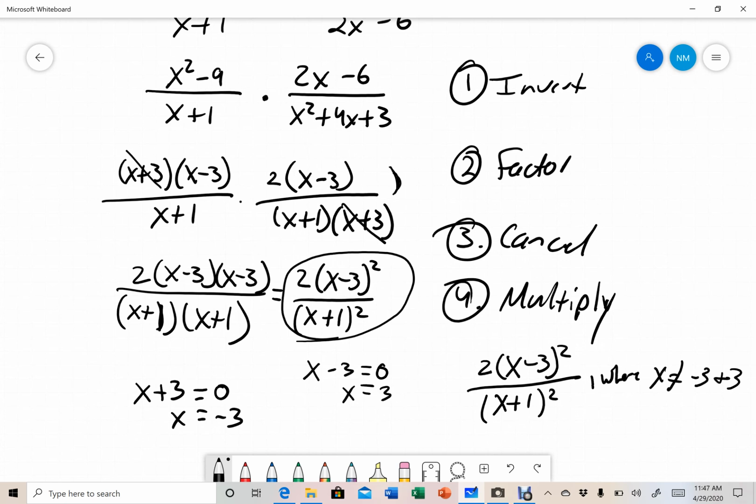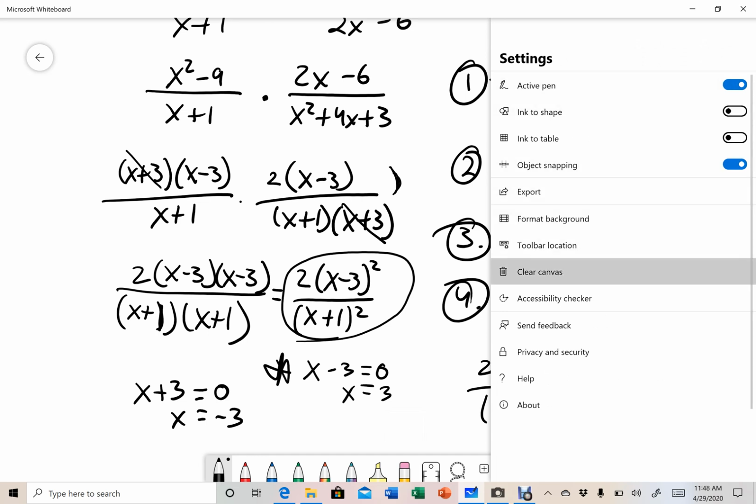And I'm sure we'll come across another instance of that, but I just want to nail that down. So that's why we have x minus 3 equals 0, because x minus 3 was originally in the denominator and is no longer in the denominator in my answer. So we'll come across another one of those, I'm sure, and we'll get some practice on that.